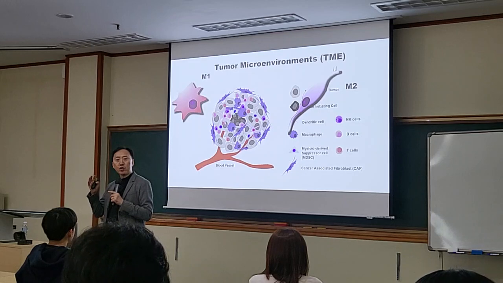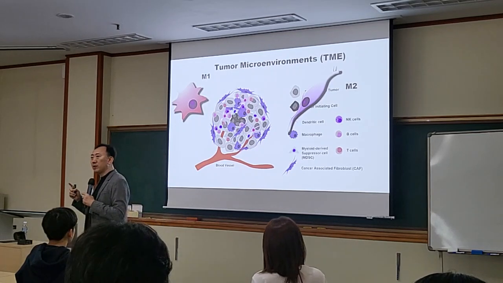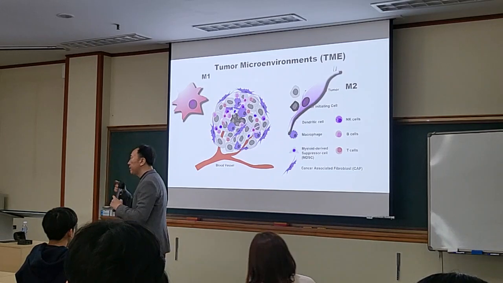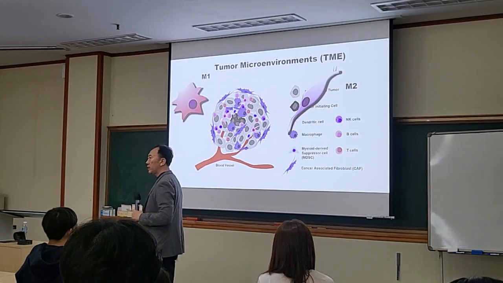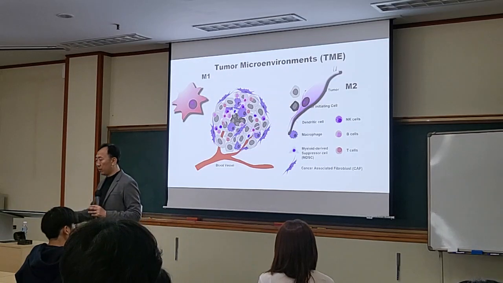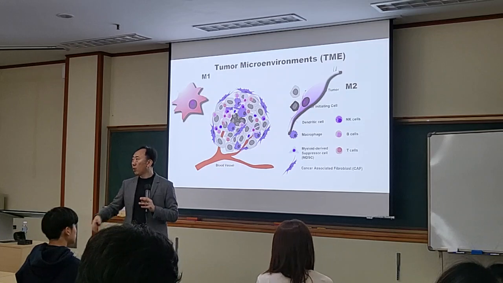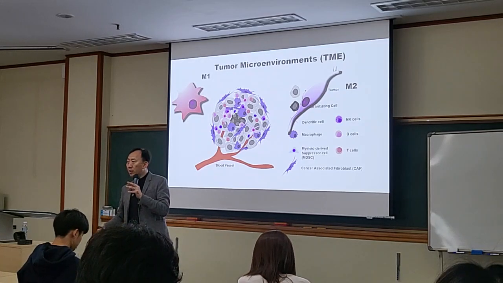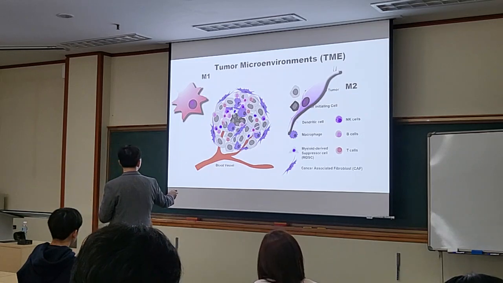Using this situation, one modern approach to cancer treatment is changing the cell fate from M2 to M1. They are both differentiated. We learned that a differentiated cell can go back toward a stem cell state, then go to M1.